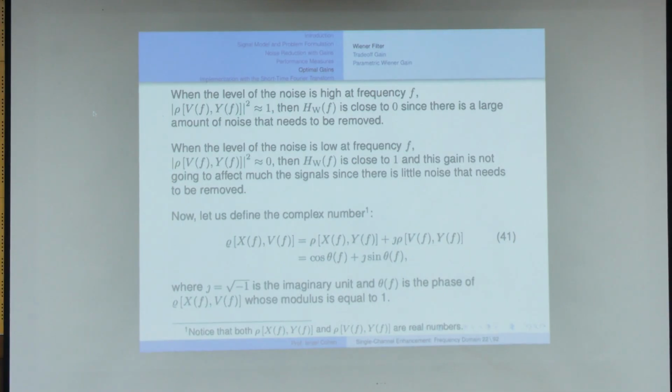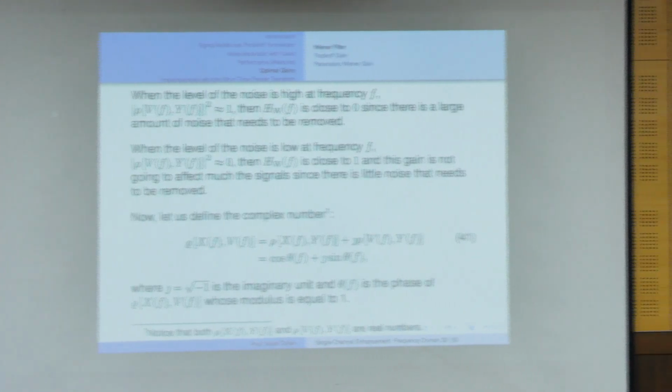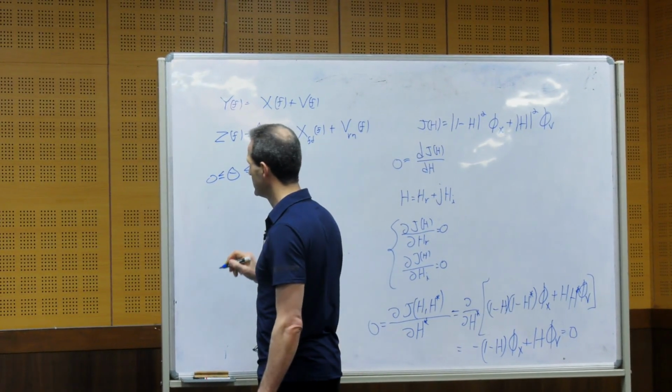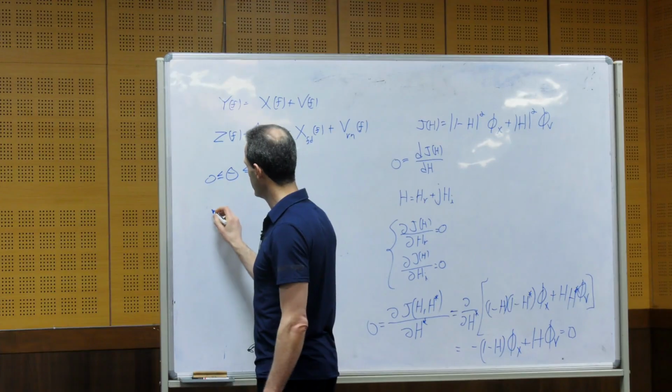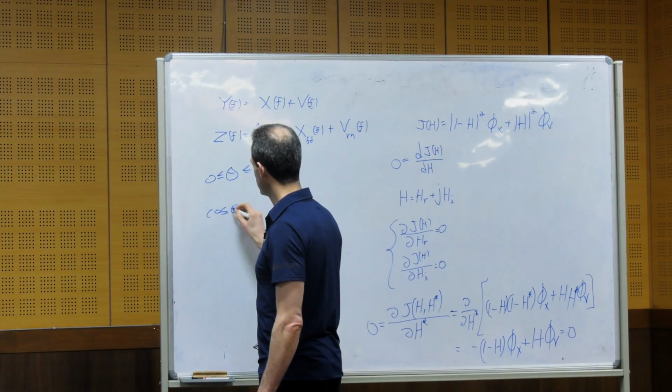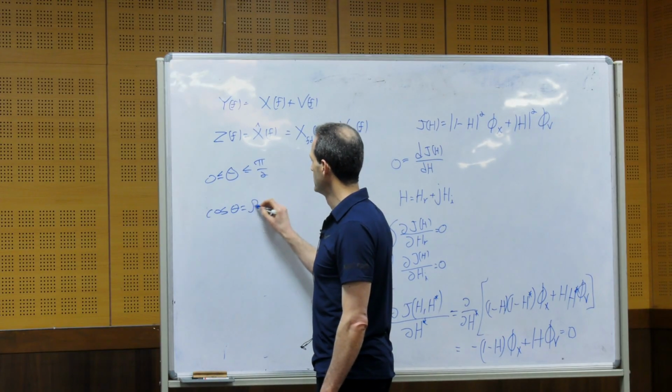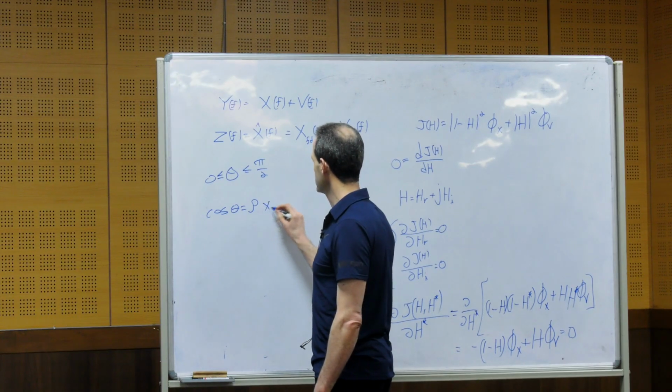It's allowed because the magnitude squared of this plus the magnitude squared of this is 1. So we can define theta between 0 and 90 degrees, pi over 2, such that cosine theta, for a certain narrowband frequency, equals the coherence between x and y.